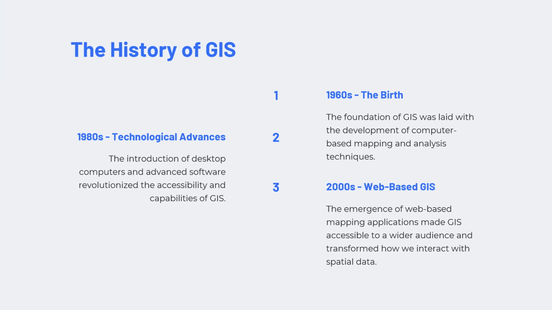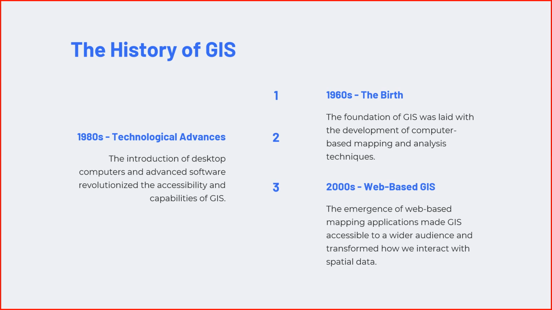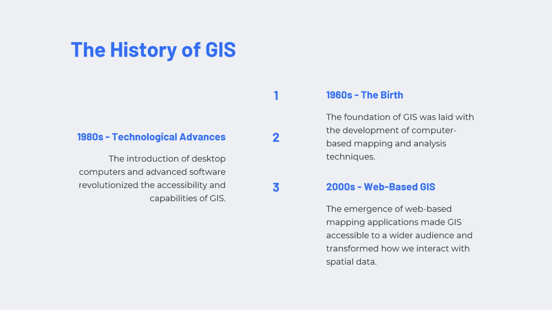I will share this video on how GIS developed in the 1960s. It developed from computer mapping in Canada, then gradually changed with technological development. GIS changed the entire thing. Now it has come to web services, web-based.